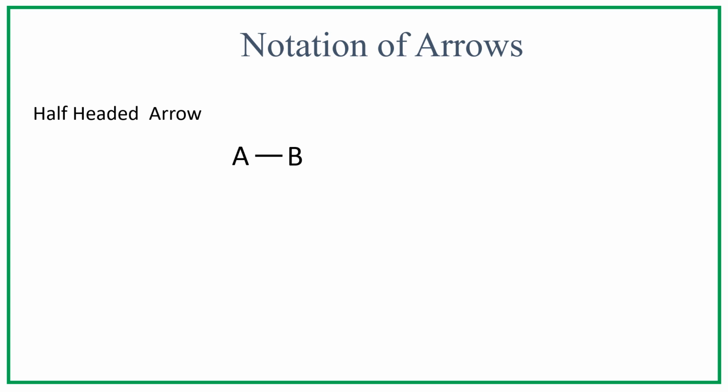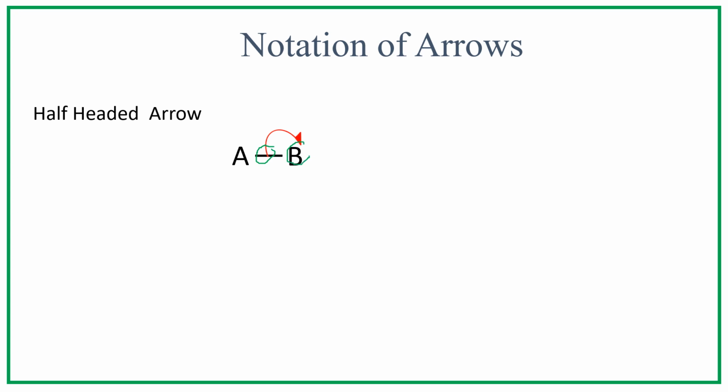Think about atom A and atom B together, with a bond between them. We can draw a single half-headed arrow, where the tail means the electrons come from the bond.